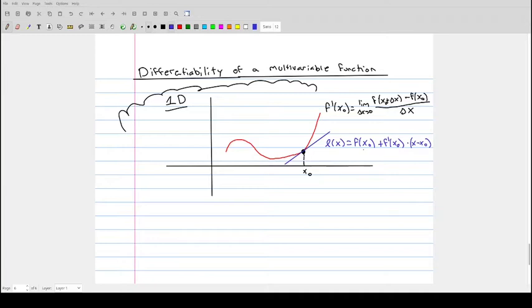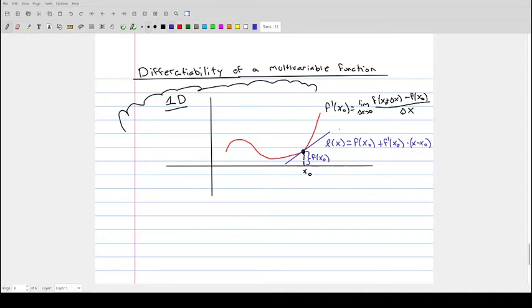So the tangent line, remember, of a function f at a point is exactly f of x naught, which is the y-intercept of that tangent line. Or sorry, the x naught intercept of that tangent line. When x equals x naught here, the height of the function is f of x naught plus m times, so it's the slope of the function times x minus x naught.